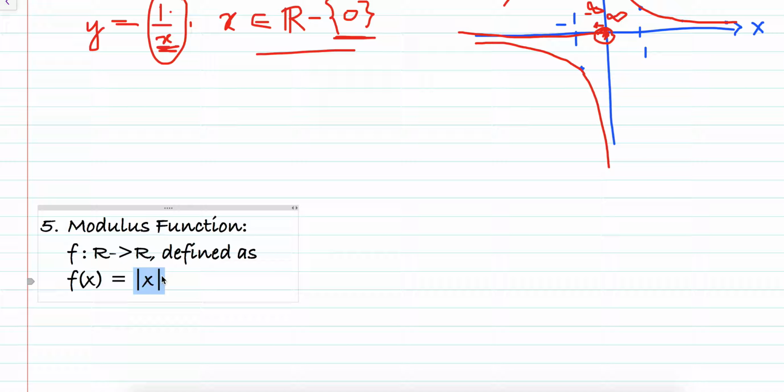Whenever we see this, we will read it as modulus of that number which is included within that. So here x belongs to real numbers.